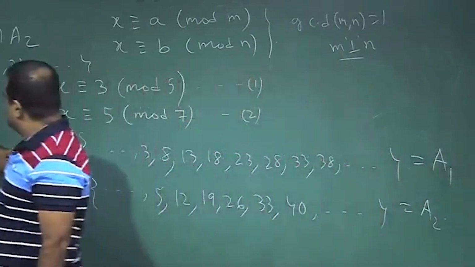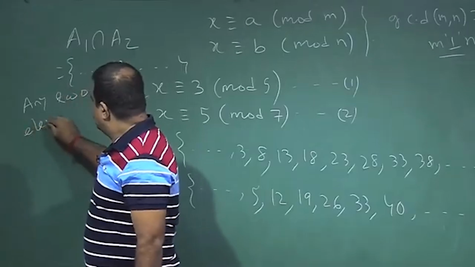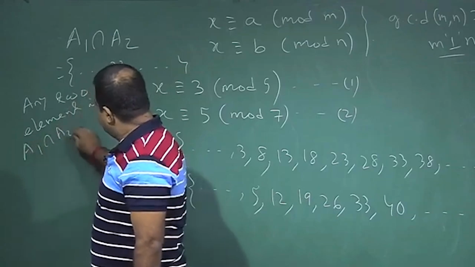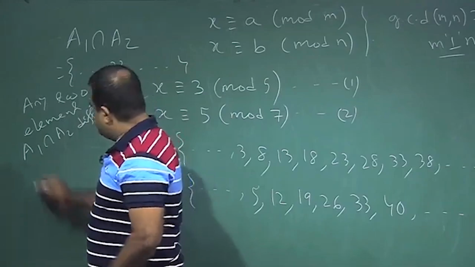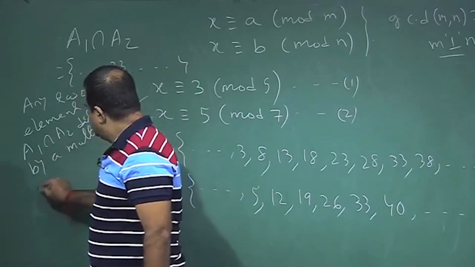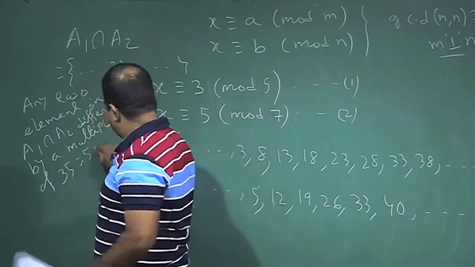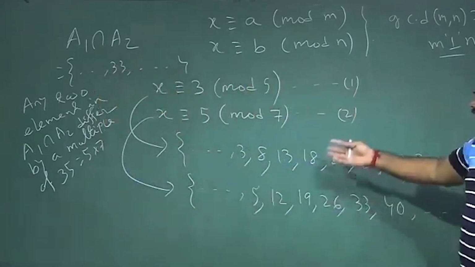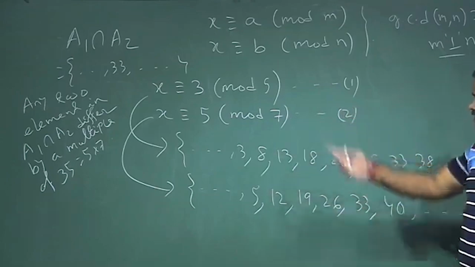So any two elements in A1 intersection A2 differ by a multiple of 35, which is basically 5 into 7. Okay, that we can easily verify. If you take any two points, then they will differ by this.